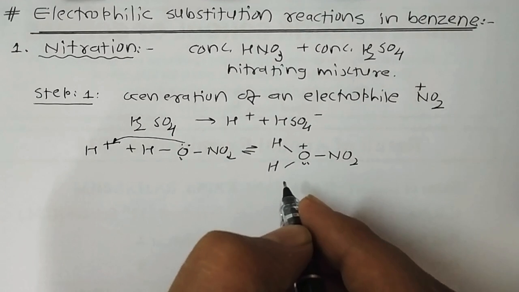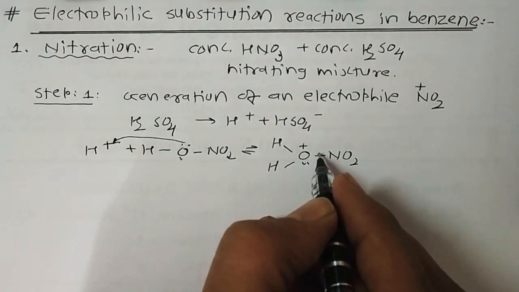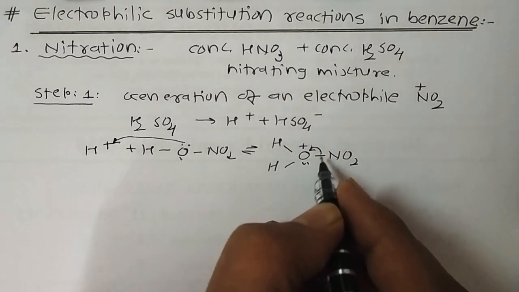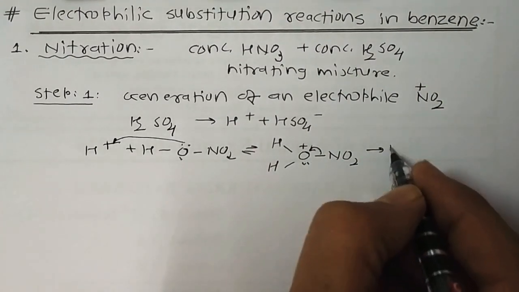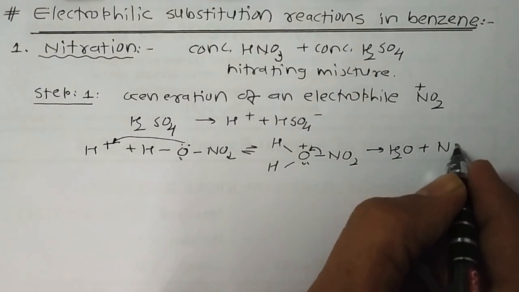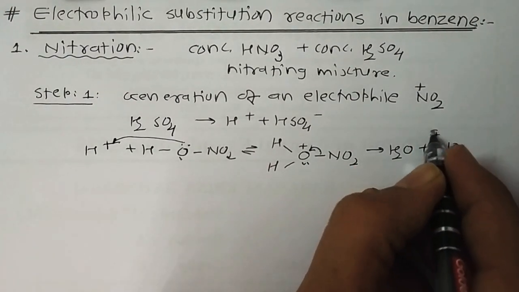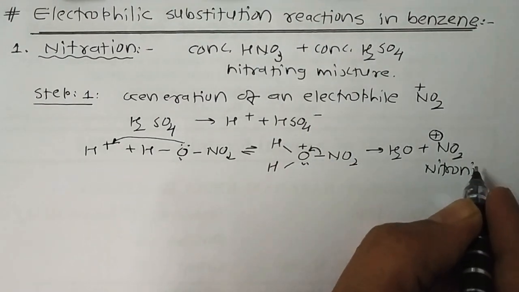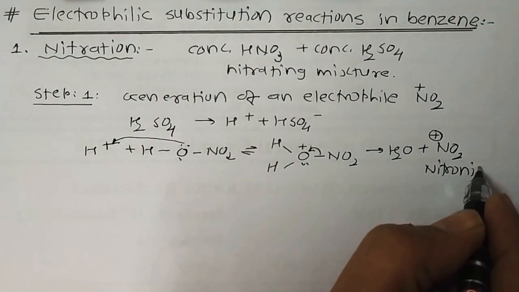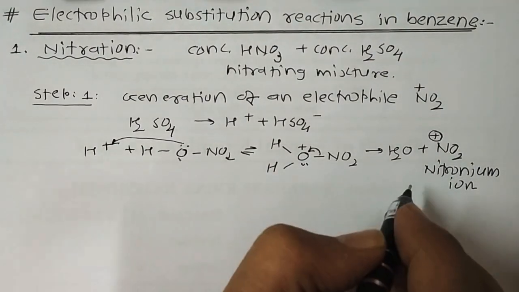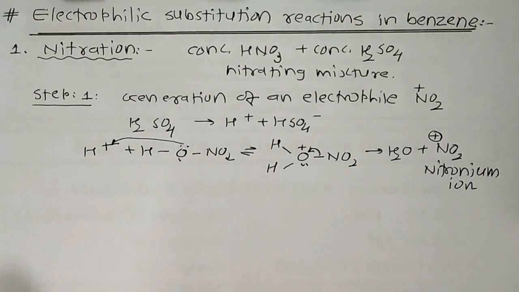But we know that oxygen is more electronegative, so it pulls the electron from this bonded electron pair and converts into H2O, and now NO2 plus, the nitronium ion. The name of this is the nitronium ion. It's an electrophile.